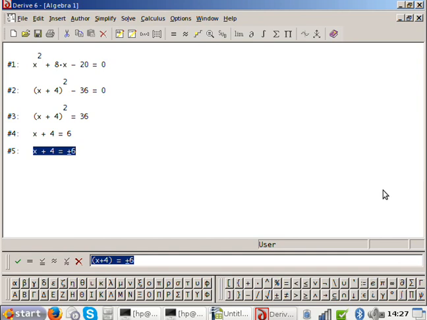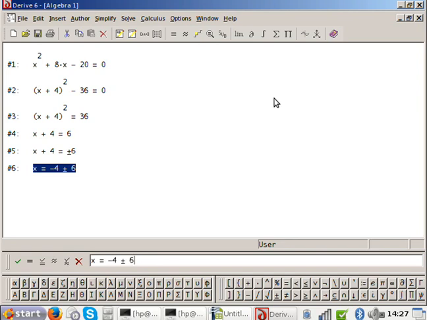Okay, so what's next? What do I do next? x equals 6 minus 4 or minus 6 minus 4. Yeah, so you got the idea. So in other words, you take the 4 to the other side and it becomes minus 4. So you have now x equals minus 4 plus or minus 6.